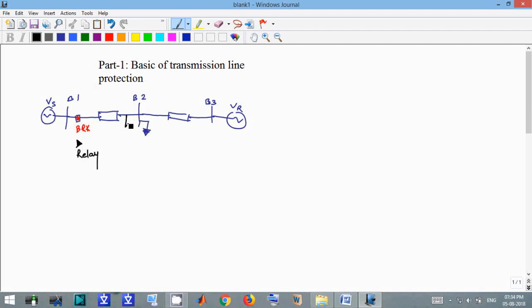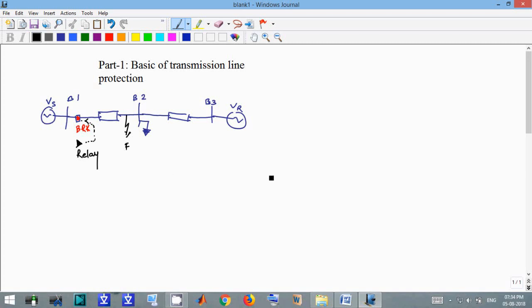So if we create a fault here, it must sense the current and voltages here, and give the trip signal to the breaker, and it will trip this line. So this is a fault.